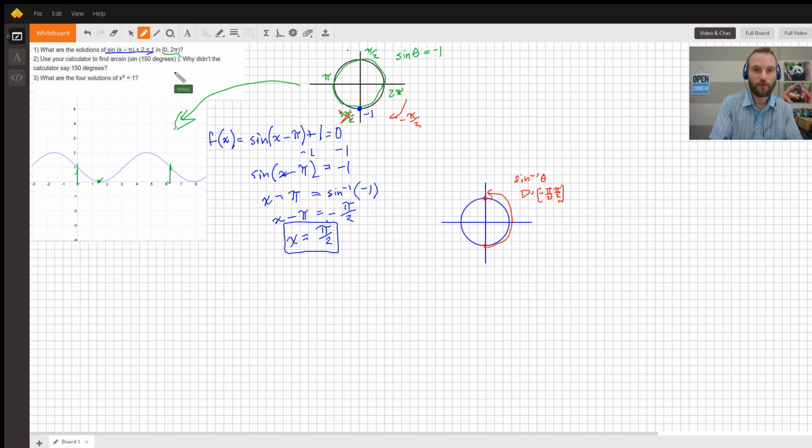X is equal to pi over 2, and there's only one value where we get that. So this over here is going to be pi over 2, and we can say that that's pi over 2, 0 in terms of a coordinate point. Okay, fantastic.